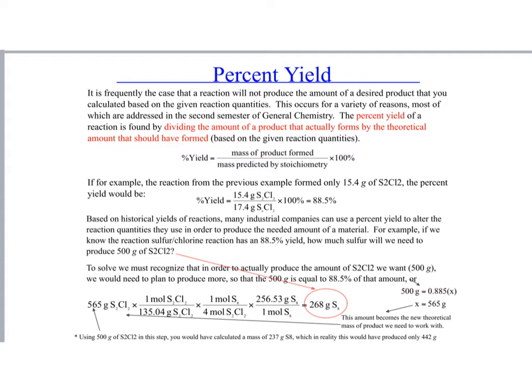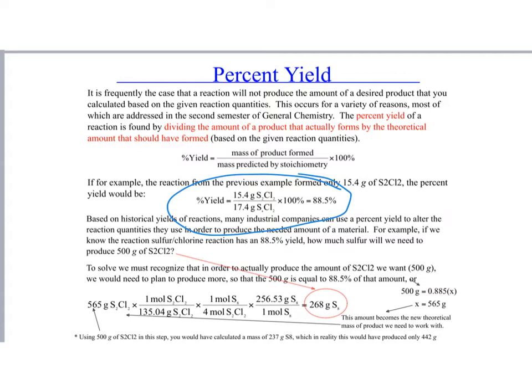We could have gotten 17.4, so if we take the 15.4 that we got, the actual, over the 17.4 that was theoretical, and multiply that by 100, we get 88.5%.